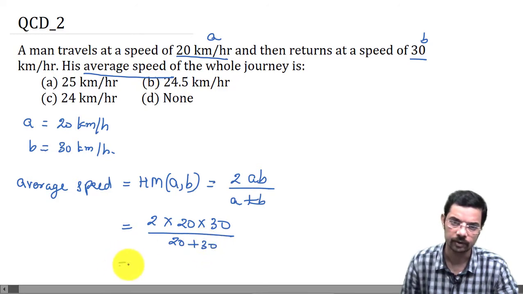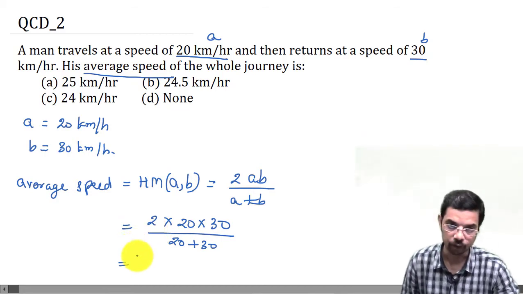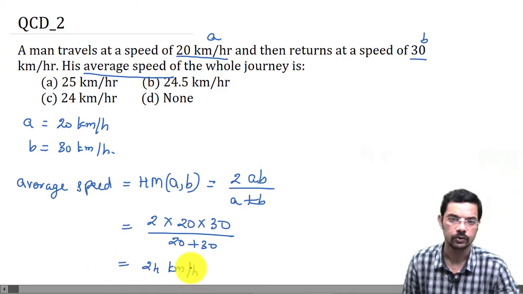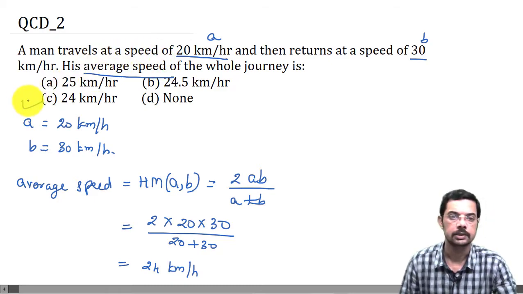When we calculate this, we get 24 kilometers per hour. So option C is your correct answer.